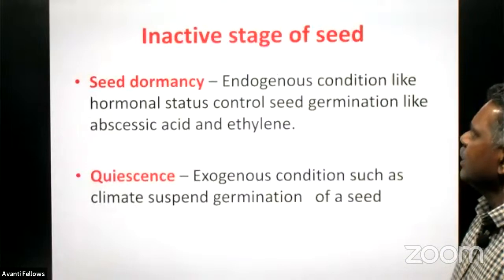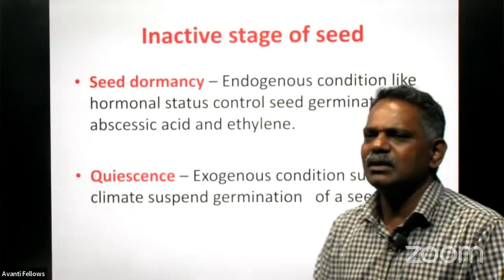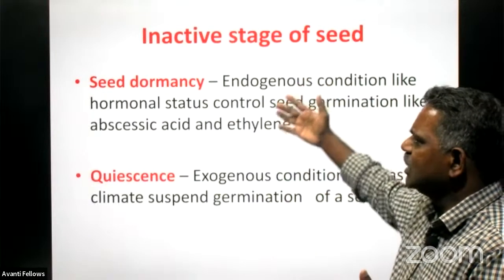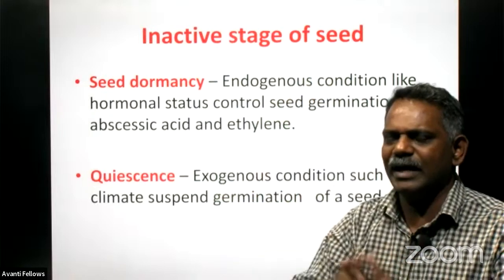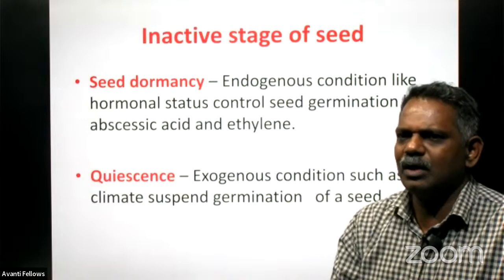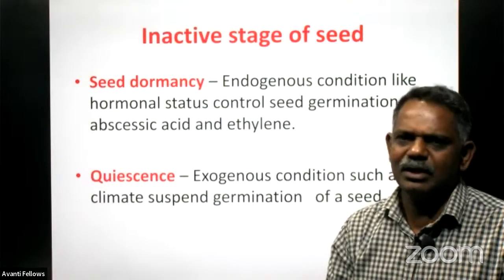Then come to the inactive stage of the seed. After the formation of the seed, sometimes the seed will go for a period of inactive life. Actually, the seed sprouts only when it gets suitable, favorable climatic conditions.